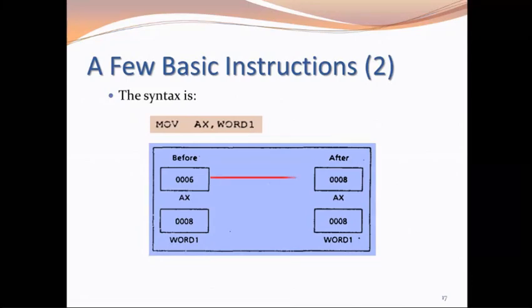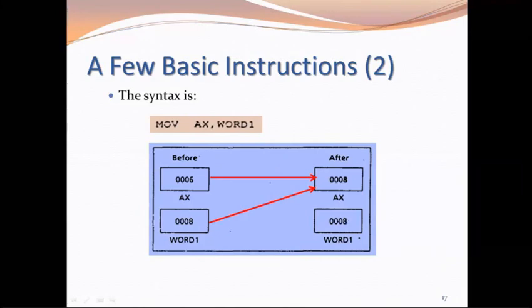So now after executing the instruction, what's happening? The value of the memory word is going to be stored into the AX. So look at this, after, it is written here, after. What is the value for AX after executing this one? That means the value of the word is going to be stored into the AX, that is 008, and the value of the word is going to be the same, 008.